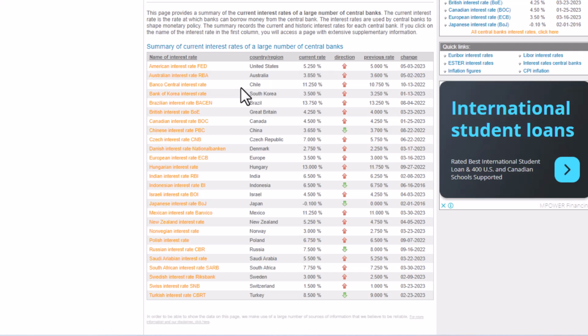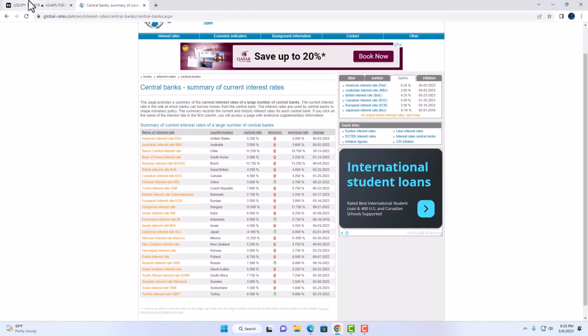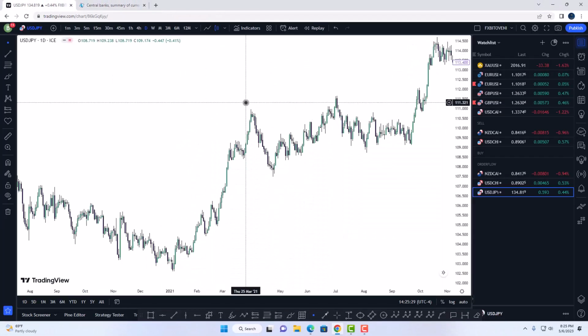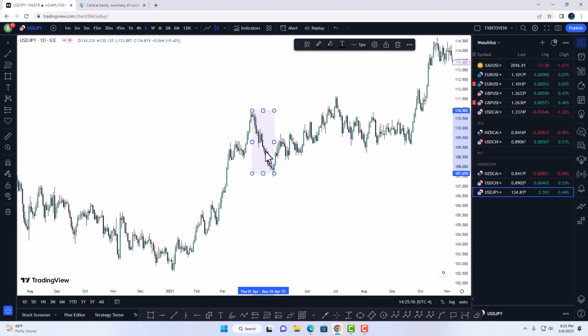Remember again the concept of base currency and quote currency. Every chart you see here, for example USD JPY, is following the US dollar, because USD is the base currency, right? If the chart is dropping, this shows you that the US dollar is dropping and the JPY is strong. For example, in this move, the Japanese yen was bullish and the US dollar was bearish.